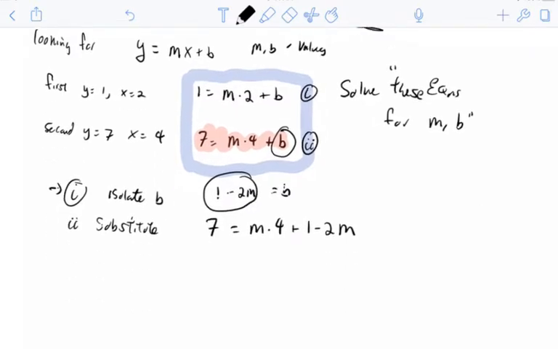And then I solve. We solve it for m. Subtract 1 from both sides. Combine those two. Divide by 2 on both sides. So m must be equal to 3.